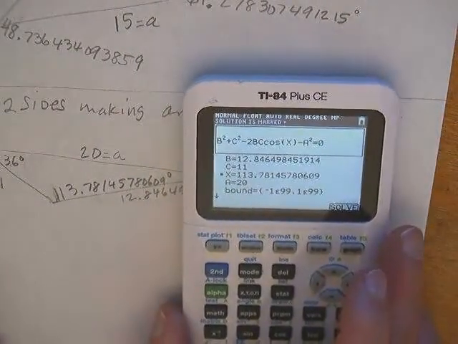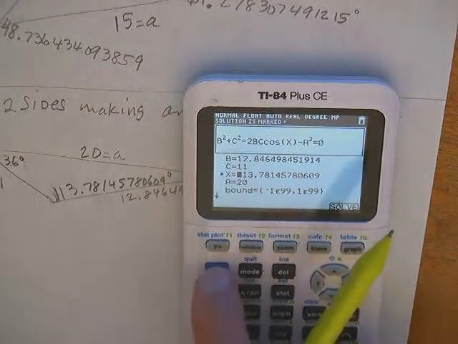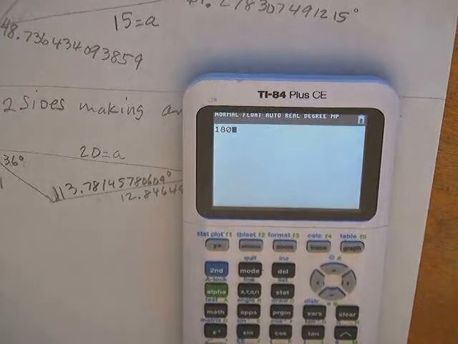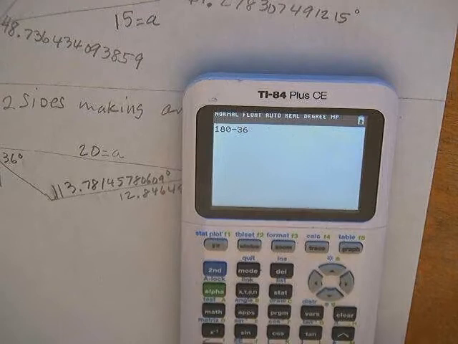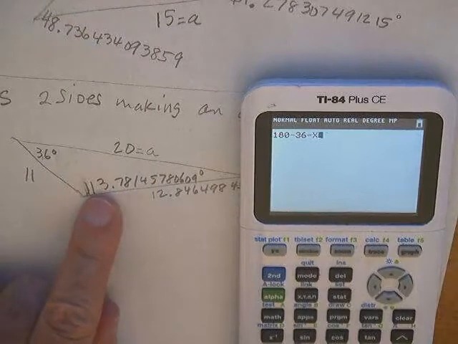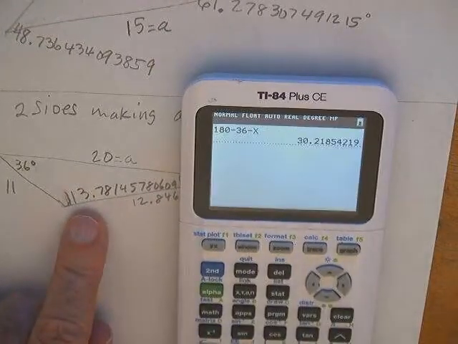Let's do this the easy way. Right there it says quit. I just exited the equation solver. I'm going to do 180 minus 36 minus x. My calculator right now thinks this is x, so watch what happens when I push enter.